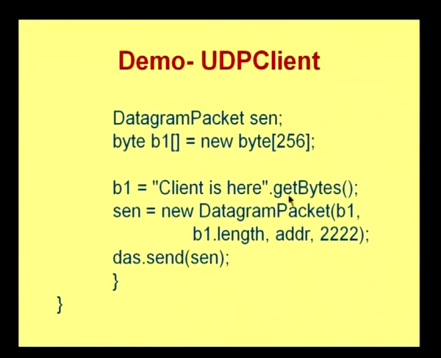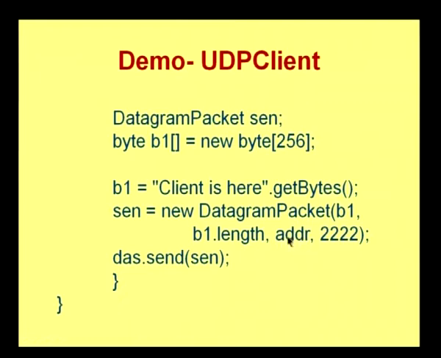Now I have a text, that is a string, and this string is converted into bytes. There is a method called getBytes, so I am calling the getBytes method of the string, which returns a byte array. Now B1 is filled with the byte representation of this string. Now I create my new DatagramPacket. I specify the byte array, the length of the byte array, and the address.